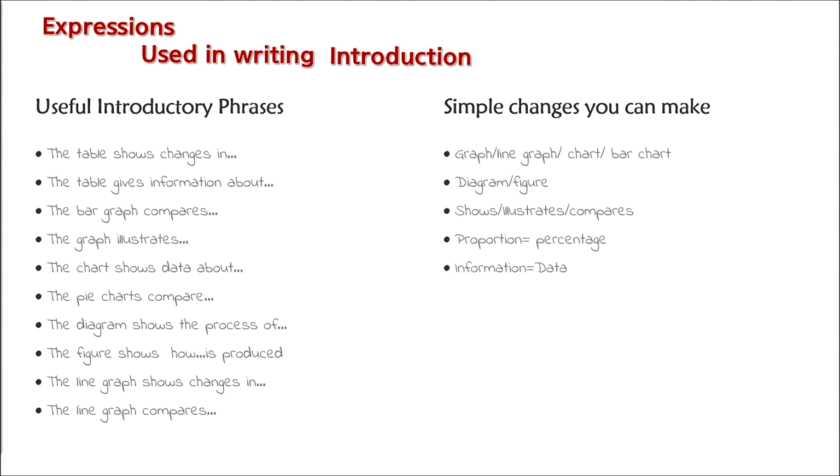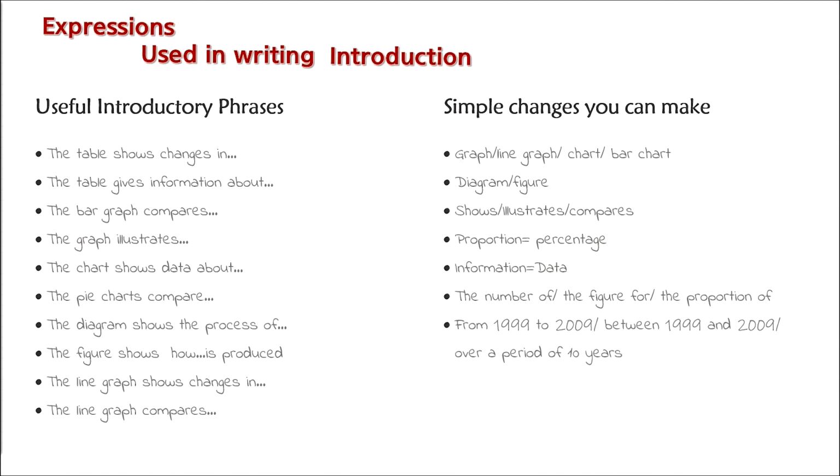Information, data. The number of, the figure for, the proportion of. From 1999 to 2009. Between 1999 and 2009. Over a period of 10 years. In 3 countries, in the UK, France, and Spain.